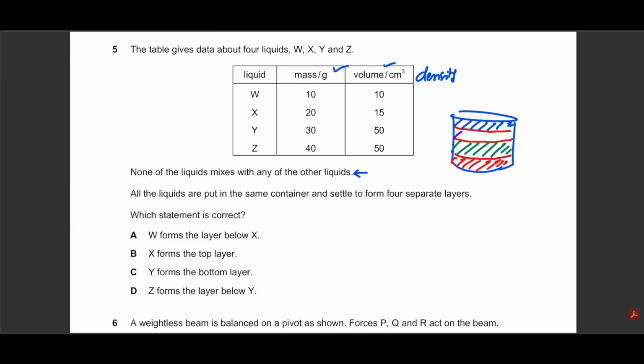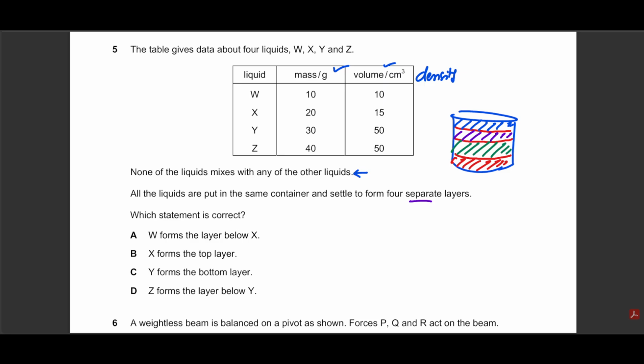So let's try to find out the densities. Now let's look at the question. They are put in the same container, which statement is correct? They are in 4 separate layers. So it is from the topic of principle of floating objects. The most dense will settle at the bottom and the least dense will be settling at the top.